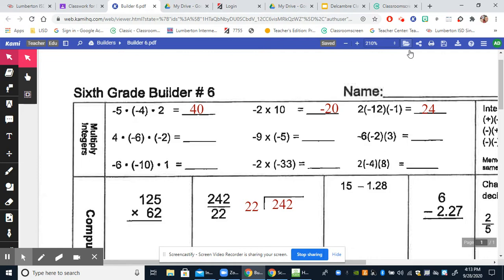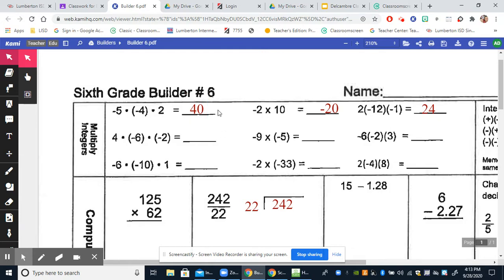All right. The first part, multiplying integers. It wasn't supposed to save. I guess I never went back and erased it, but that's okay. So we have -5 times -4. That gives me +20.